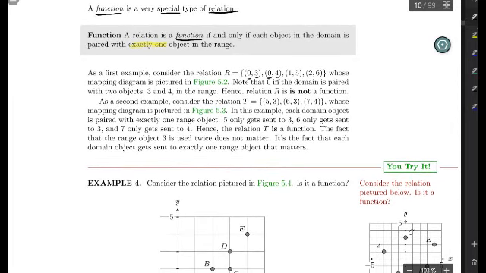However, T, or excuse me, no, we have distinct, all the elements in our domain are distinct, 5, 6, and 7. So as long as the elements in the domain are distinct and everything's ordered pairs, then this is a function. So 5 corresponds to 3, 6 corresponds to 3, 7 corresponds to 4.